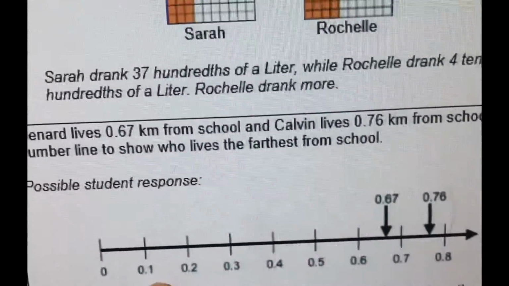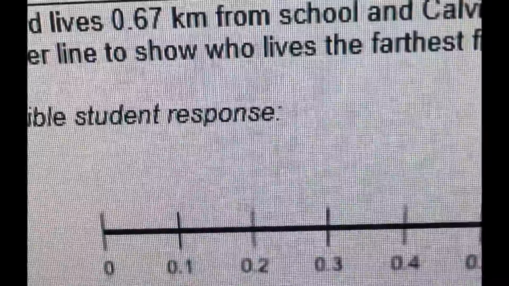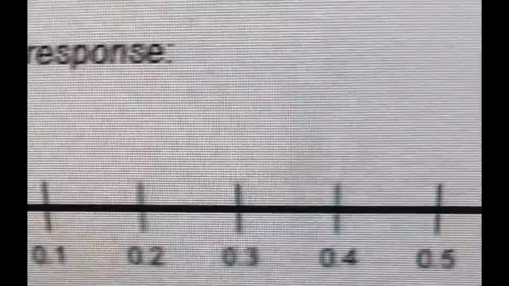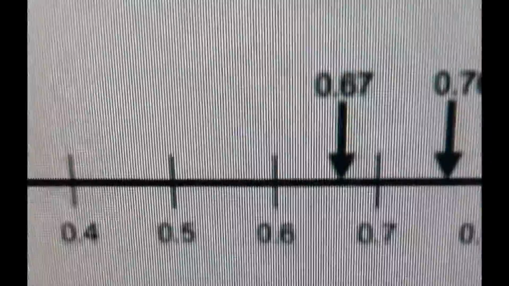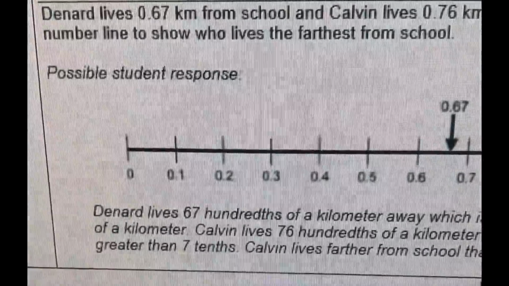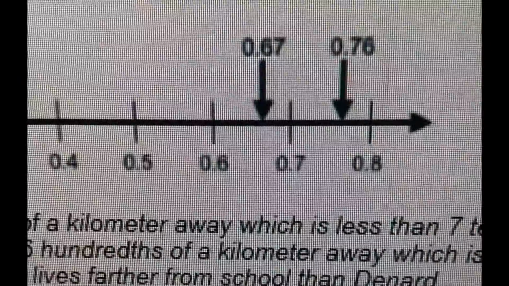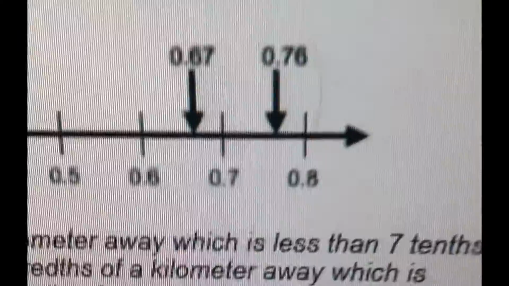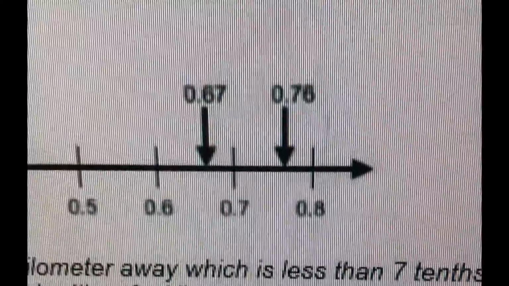And this is 1/10, 2/10, 3/10, 4/10, 5/10, 6/10. And it shows here he lives 67 kilometers. So we know that's between 6/10 and 7/10. And Calvin lives 76 kilometers. So that's between 7/10 and 8/10.